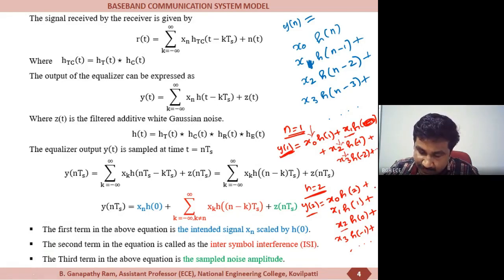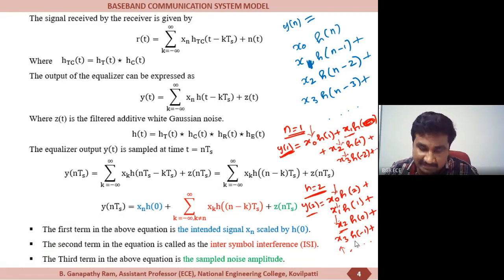Similarly, at n equal to 2, we need to receive x2 alone, but instead we are receiving x0, x1, x2 as well as x3 and x4. That is, replicated information is received again and again. Instead of receiving the intended information, we are also receiving the nearest symbols.